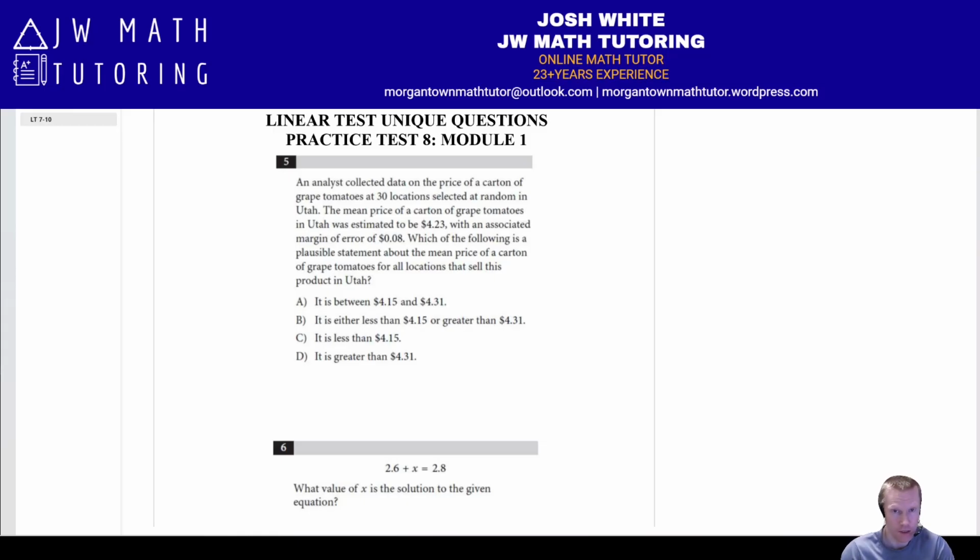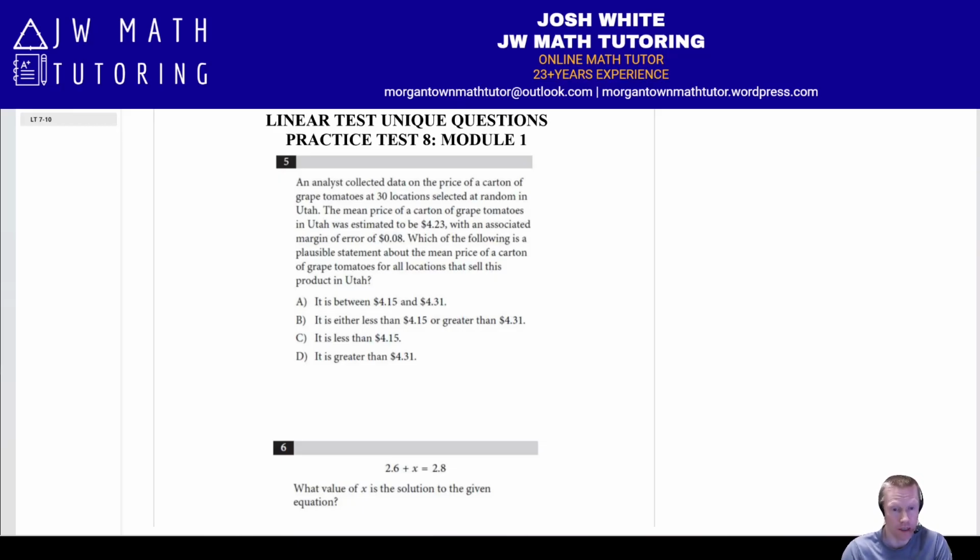Second, these are questions from the linear non-adaptive paper practice test number 8. Most of the questions on the linear paper practice test overlap with Blue Book. However, there are some questions that do not. These are the ones I call the unique questions.